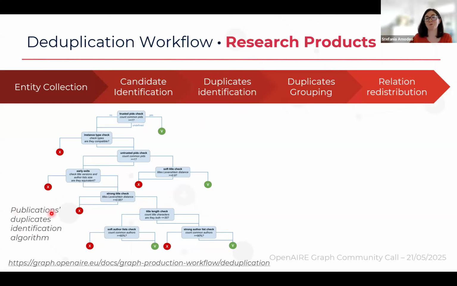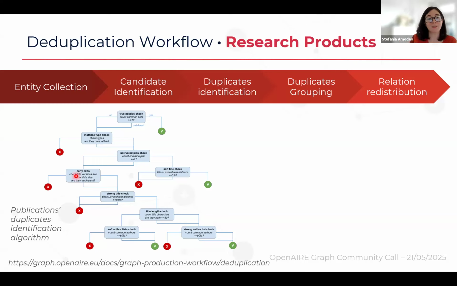Software will have a targeted decision tree. Datasets will have a specific decision tree, and this is the phase where pairs are compared together.